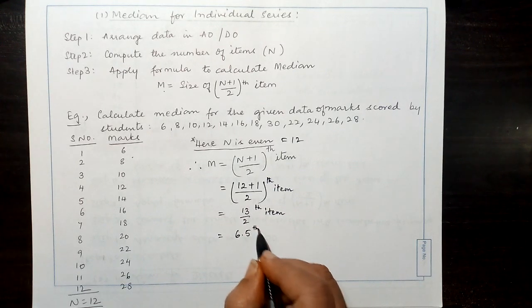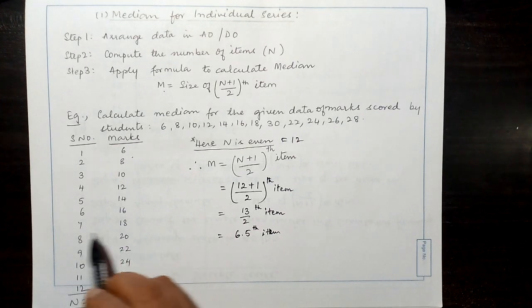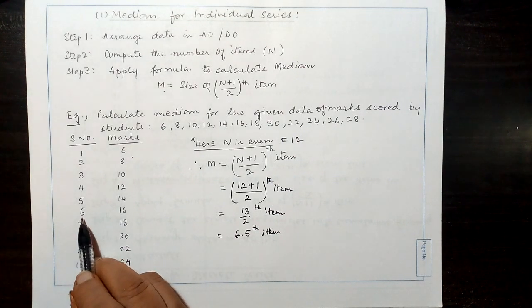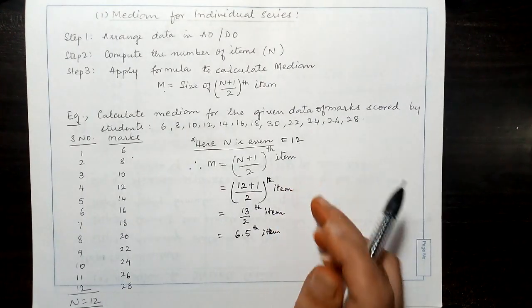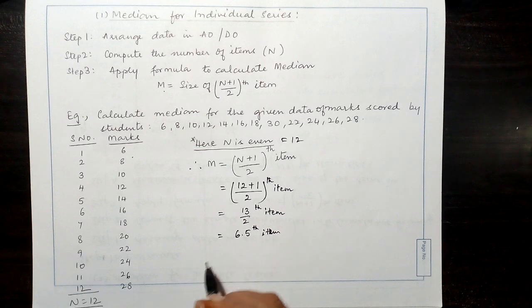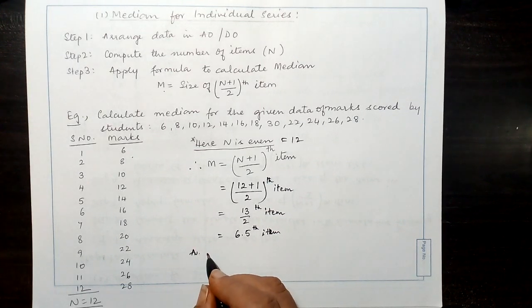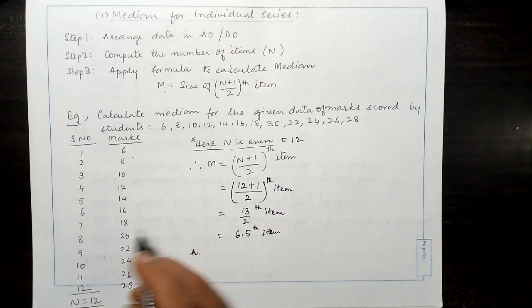What is 13 by 2 equal to? 6.5. So the 6.5th item. What is the 6.5th item? Since this is an even number of observations, we will have to take the average of the 6th and the 7th items. The 6th item is 16 and the 7th item is 18.